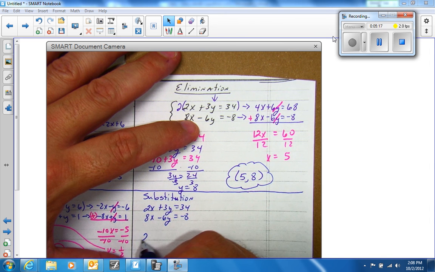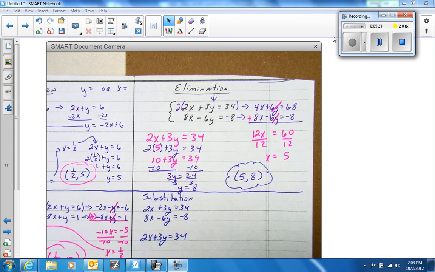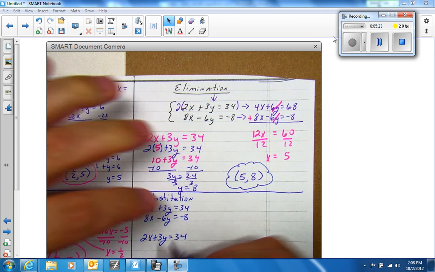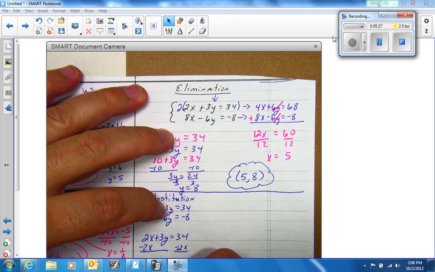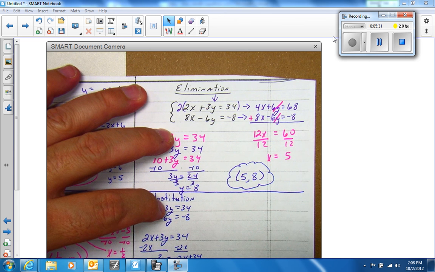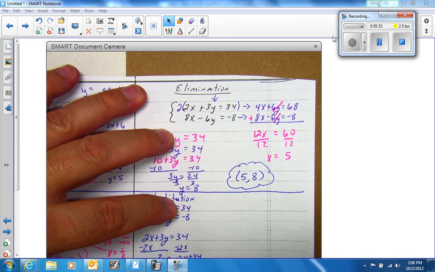So 2x plus 3y equals 34. I'm going to subtract the 2x. And I get 3y equals negative 2x plus 34. I'm going to divide by 3. y equals negative 2/3 x plus 34 over 3.